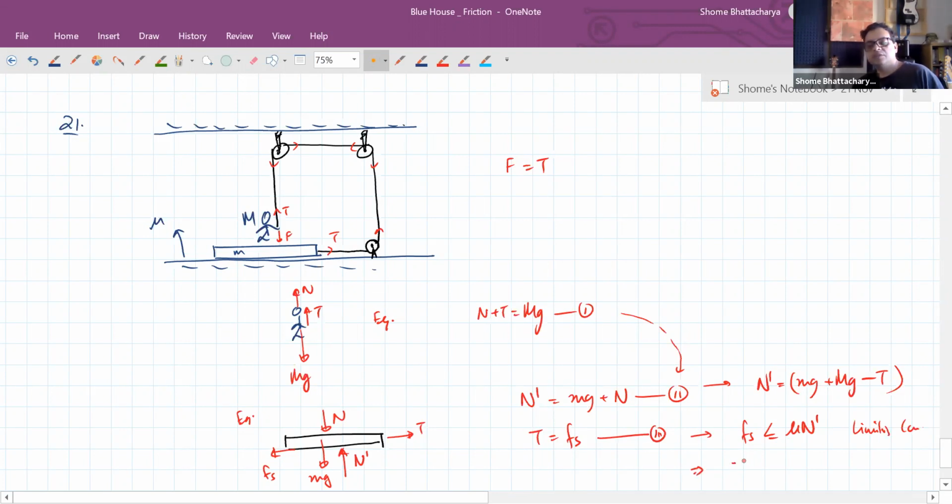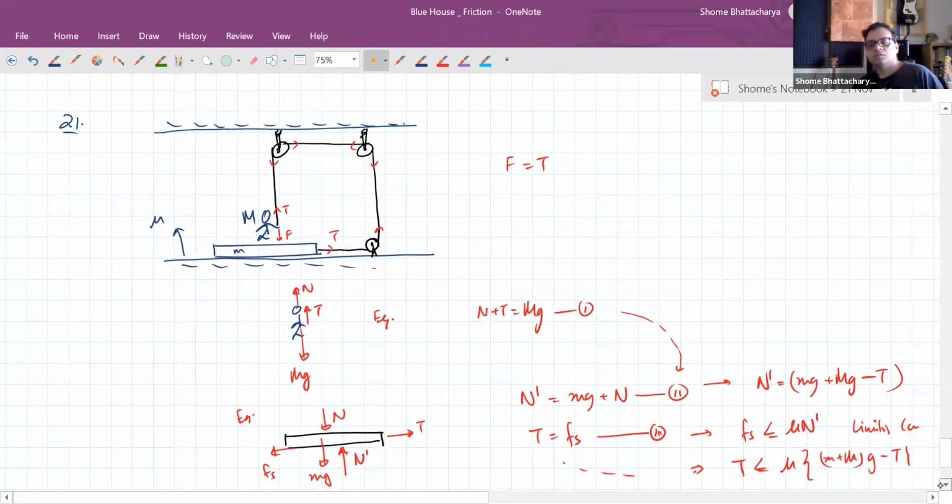So static friction should be equal to tension from here, and normal reaction from here is this. Okay.